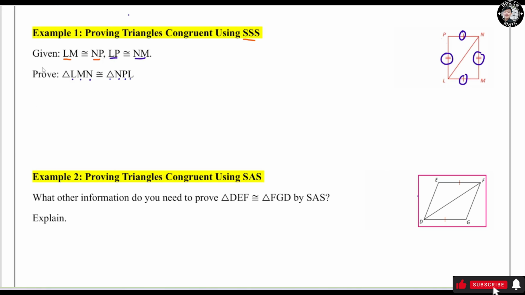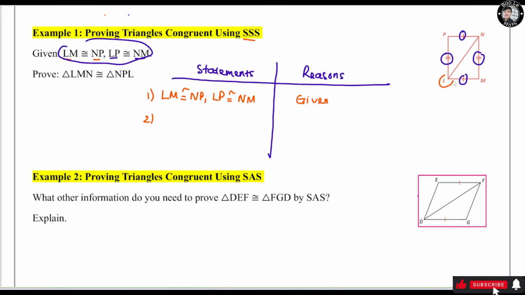So we always start with the given things, right? So we're going to copy this down, right? LN right here congruent to LN by the reflexive property. Then triangle LMN congruent to triangle NPL by SSS, right?